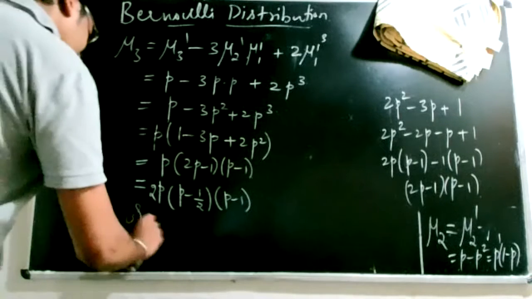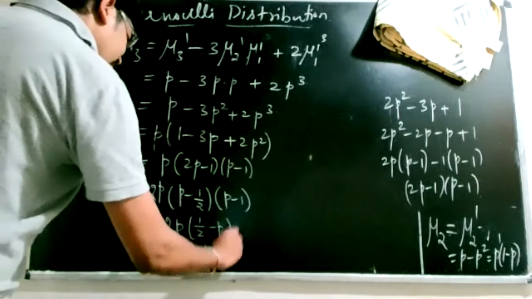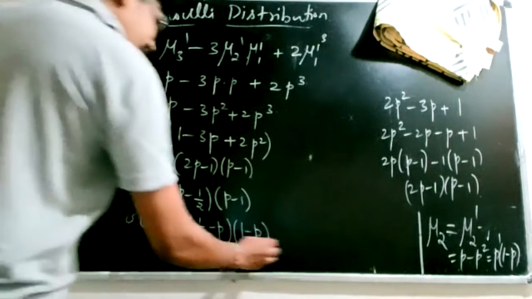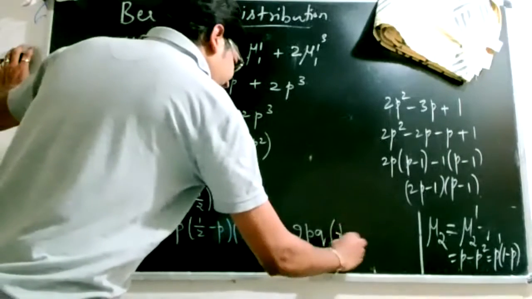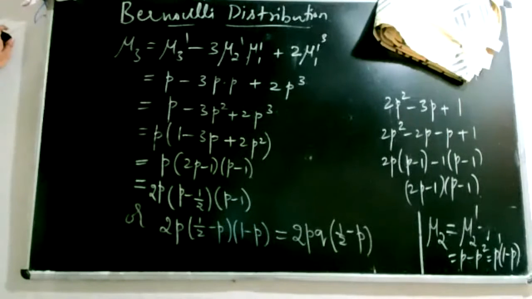Or I can write this as 2p into half minus p into 1 minus p. 1 minus p can be taken as q. So I can write this as 2pq into half minus p. So this is our mu3 simplification.